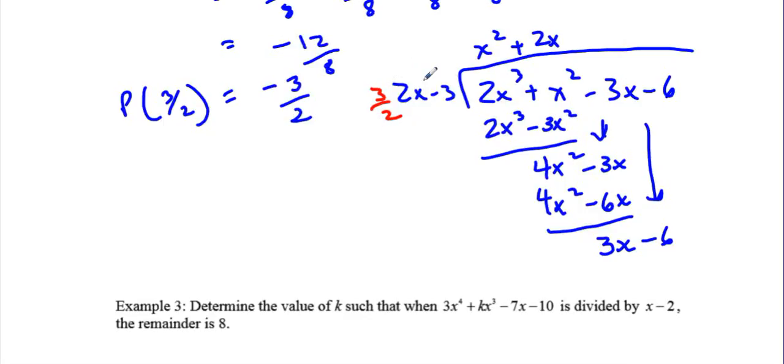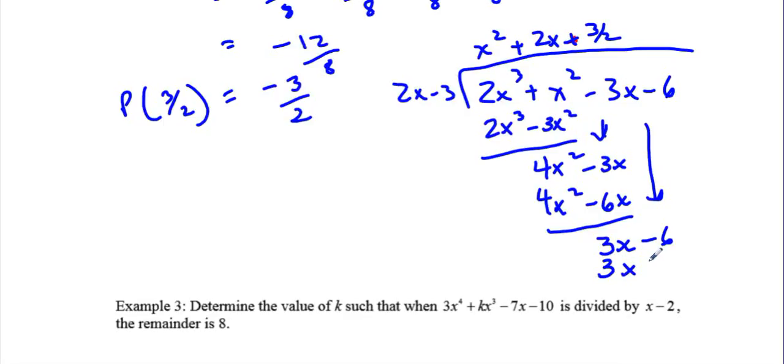So 3 halves is the way to go there. So plus 3 halves, and when I multiply that, I should get 3x.